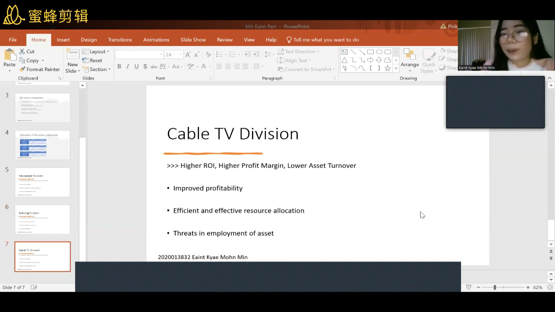And finally, the cable TV division. It is very similar to the newspaper division because it got a higher ROI and higher profit margin, but with lower asset turnover. This means that the profitability has improved, and because of the higher ROI, investment results are good.